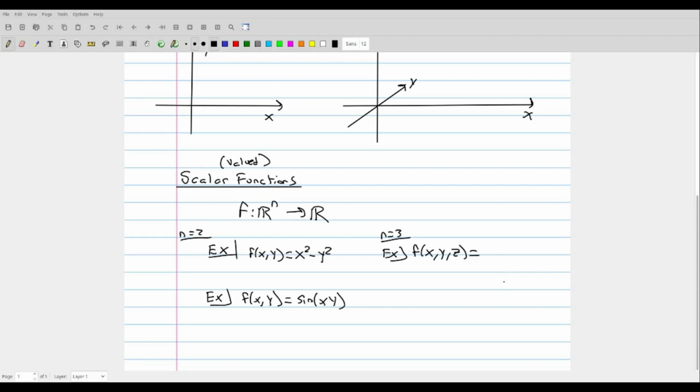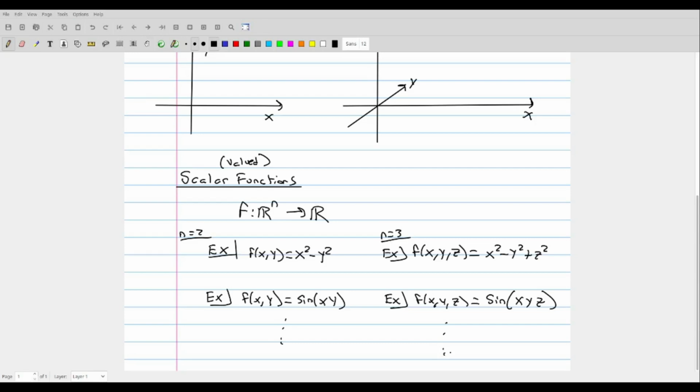And for example, you could have something like x squared minus y squared plus z squared, or f of x, y, z is equal to maybe sine of x times y times z. There are many other example functions you can come up with in either scenario.